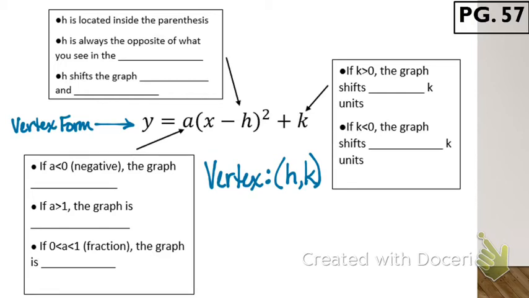So H is always located inside the parentheses. H is always the opposite sign of what you see in the parentheses.